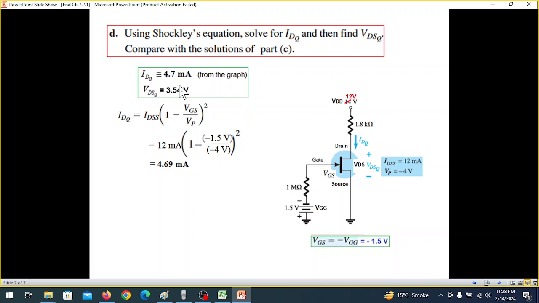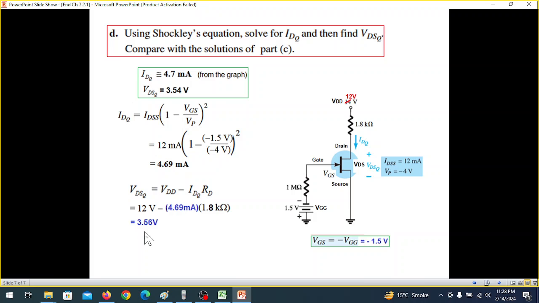Now remember, in the graph we had found 4.7. Then using the same formula, we'll calculate VDSQ, this voltage minus the drop here. Only we are using IDQ as calculated here.